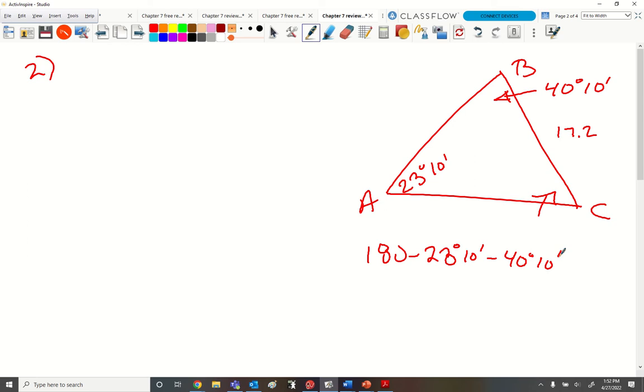DMS, degrees, minutes, seconds. The answer is 116 degrees 30 minutes, 116:30.